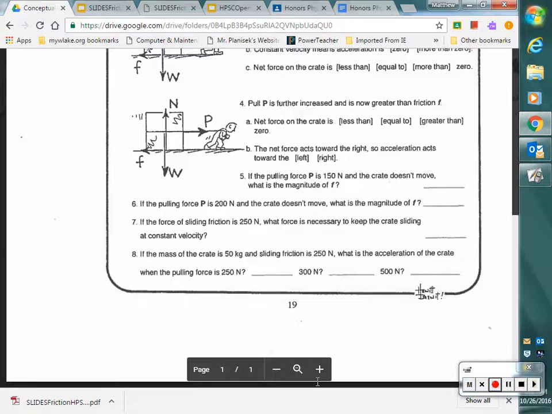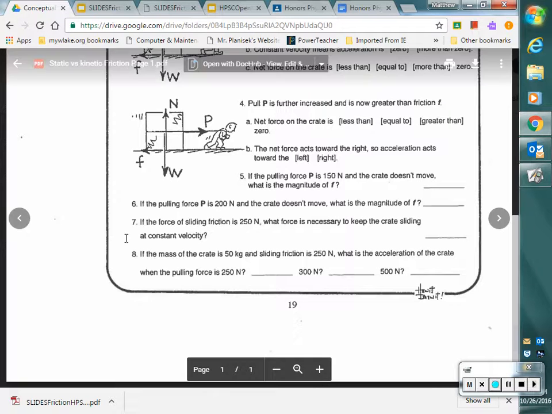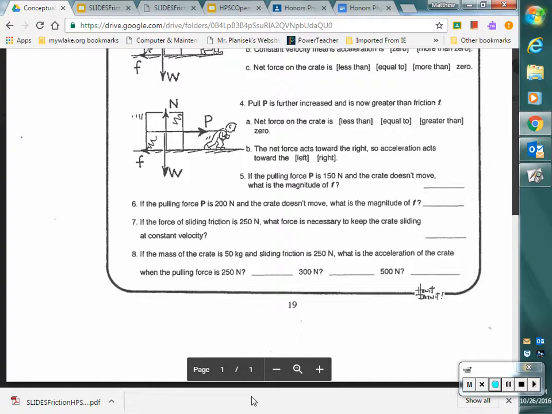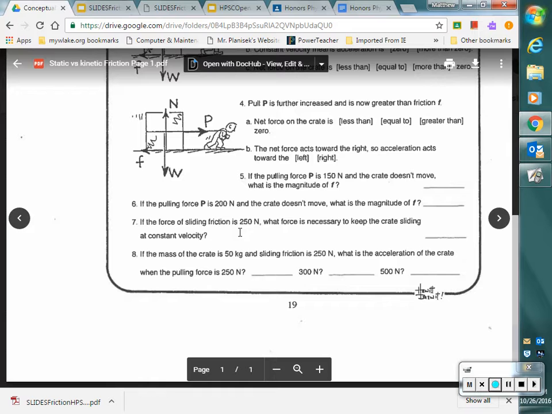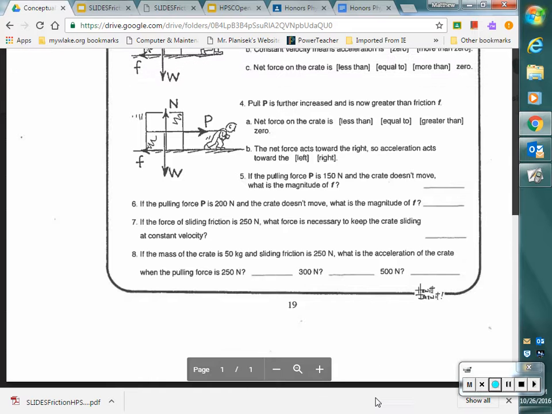All right, for number 7, if the force of sliding friction, so friction that's acting on the sliding box, is 250, what force is necessary to keep the crate sliding at a constant velocity? 250. Even though it's currently moving now, right?